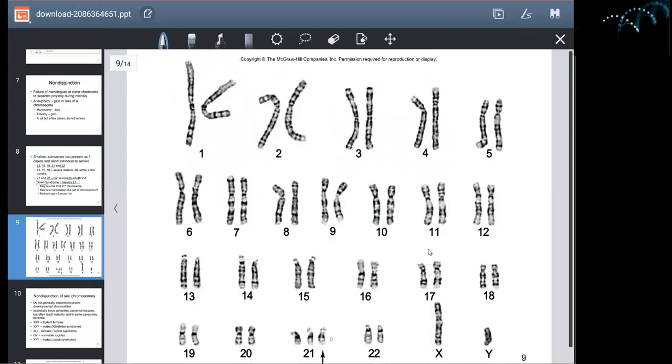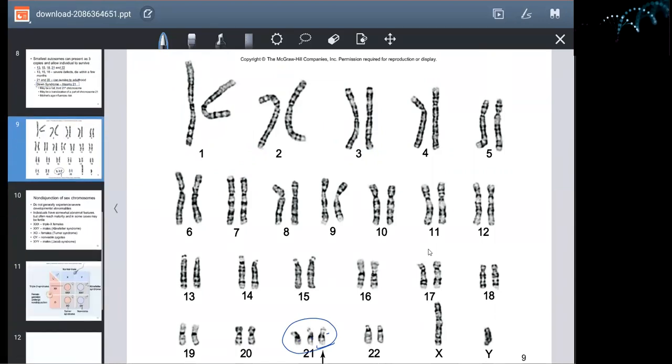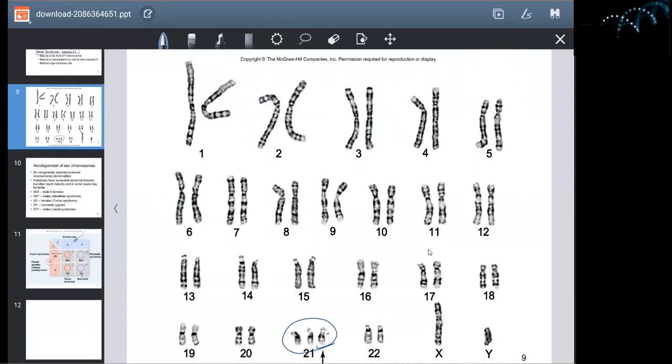These individuals actually have 3 copies of chromosome 21, and this occurred most likely during meiosis in forming eggs or sperm, where 2 of them came into one gamete and met the other one, and now you have 1, 2, 3, as opposed to a pair of everything else, okay?